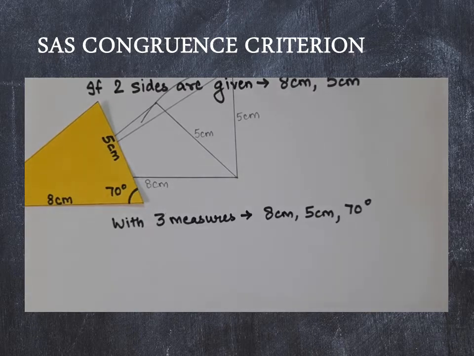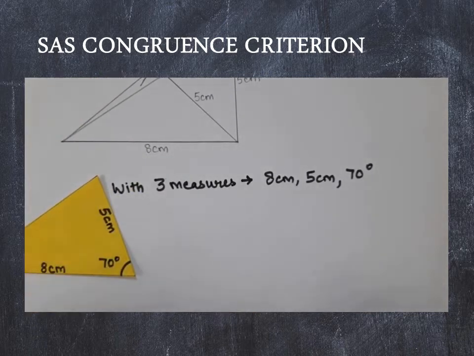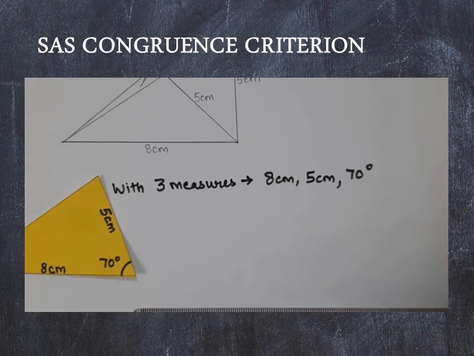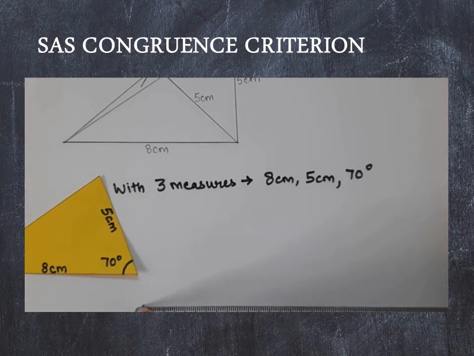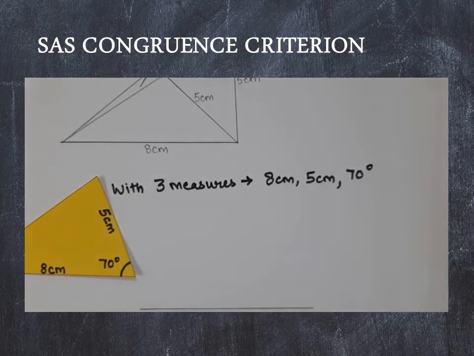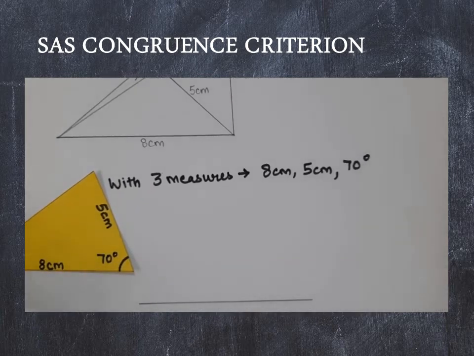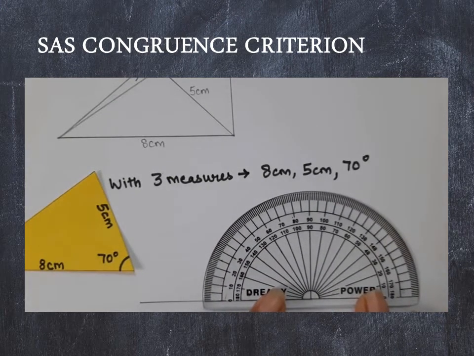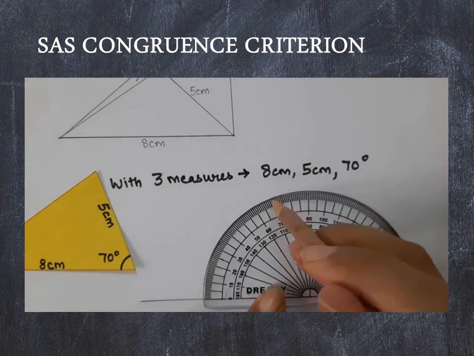So let's try to construct a triangle with these measures now. So here we have 8 centimeter. Next, we'll be constructing the angle first of all, and on that particular angle we'll be marking the position of the third vertex. So 70 degree, it comes here.